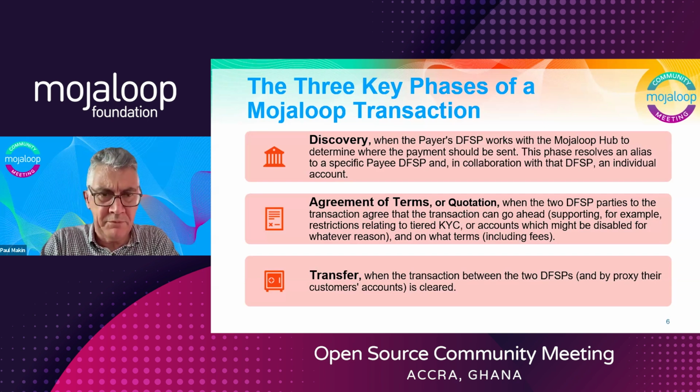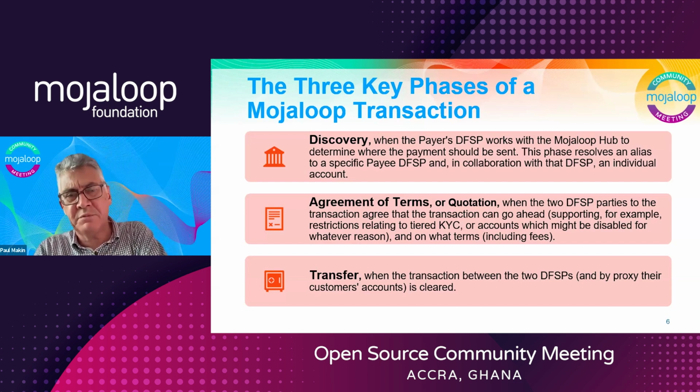It might be disabled for some reason. You can also, during this phase, agree the terms in terms of the fees between the two DFSPs. Once the two sides have agreed that the transaction can go ahead and that the accounts are both in good standing and can facilitate the transaction, it can proceed through the transfer phase.